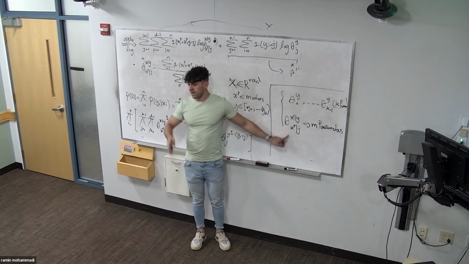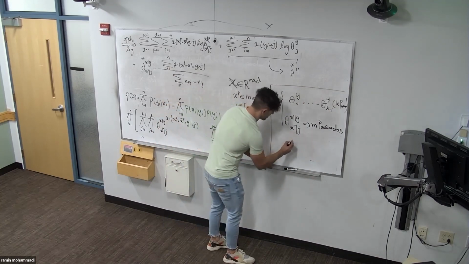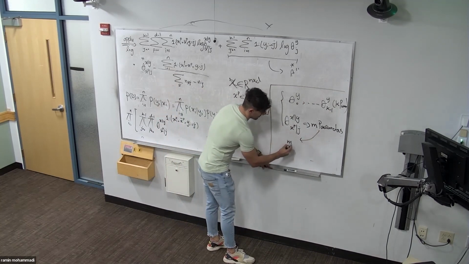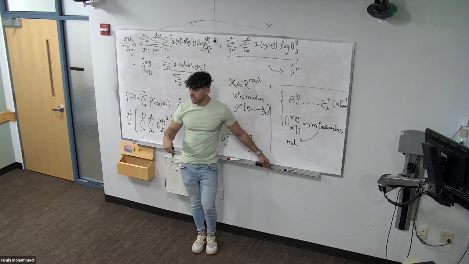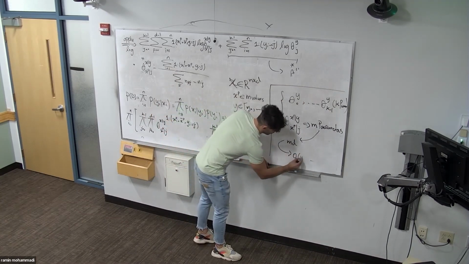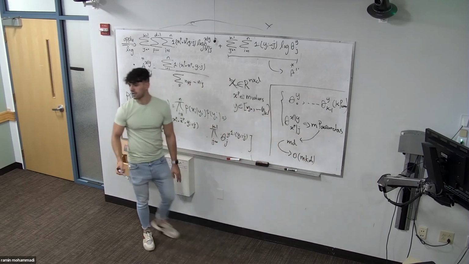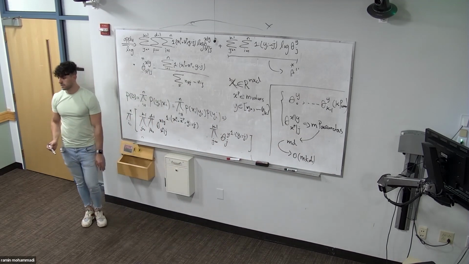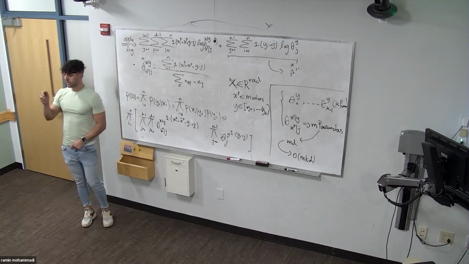I have d columns, so you need to learn m times d of that. How many classes did you have? K. So the total becomes O(K M D). Correct? So that's linear. Previously it was O(K M^D).